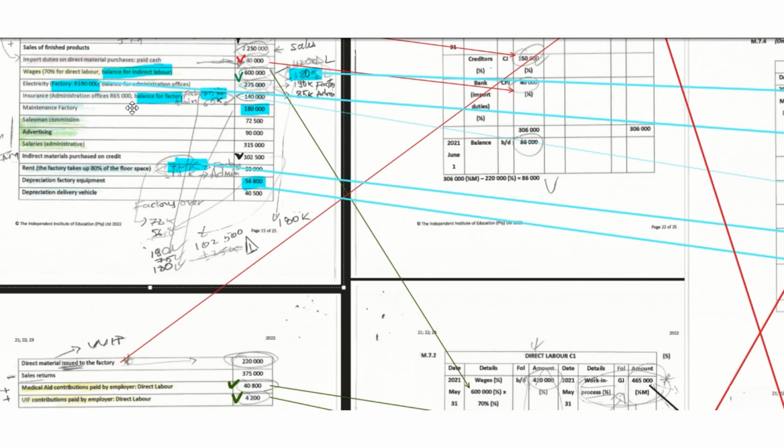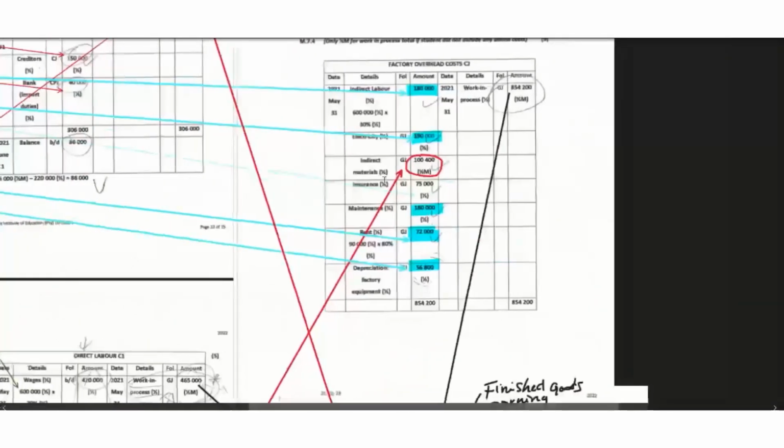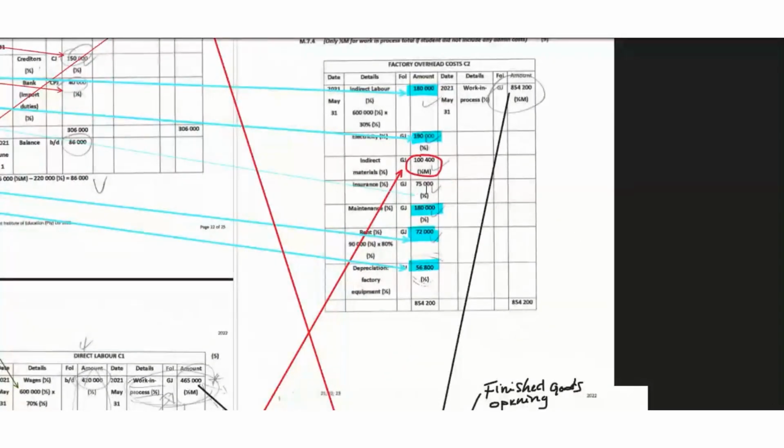The balance is factory. The balance, what is the total? 140 minus the 65, we will get 75,000 belongs to the factory. That's why you see insurance there, the amount is 75, maintenance 180, rent.